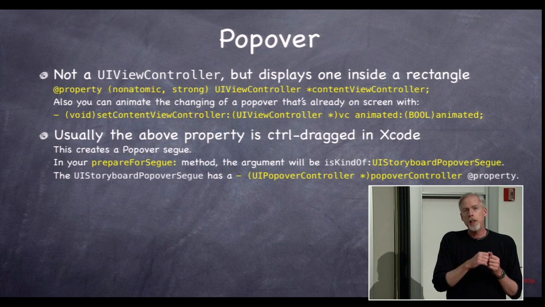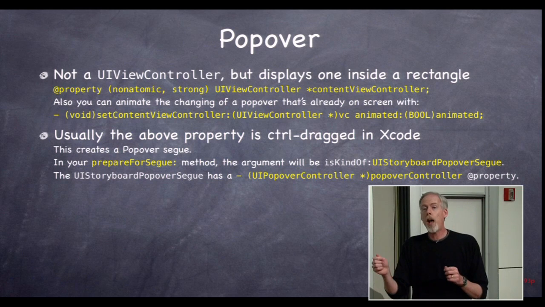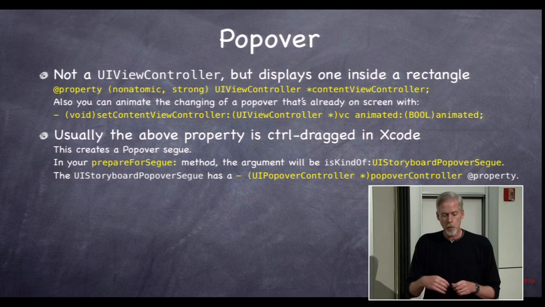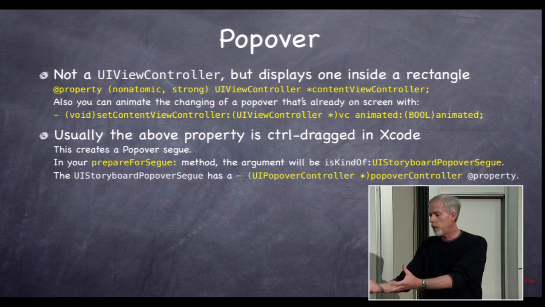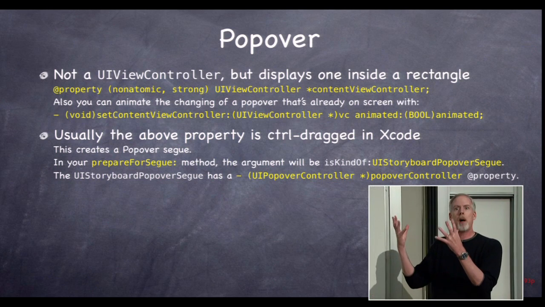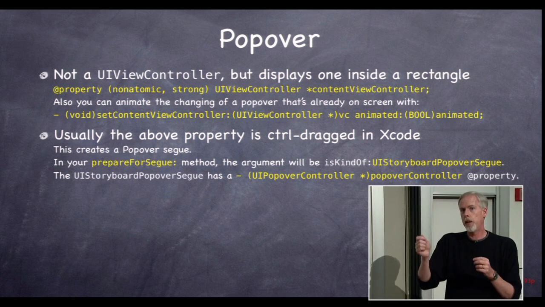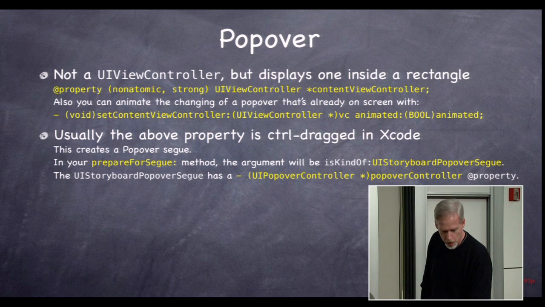And usually the contents of a popover appear because you control drag to it and there's a segue, okay? So there's a popover segue, and what the popover segue does is you control drag it to a view controller, it takes that view controller and puts it in a popover, all right? And whatever you dragged from, a button or whatever, that's what the popover is going to point to.